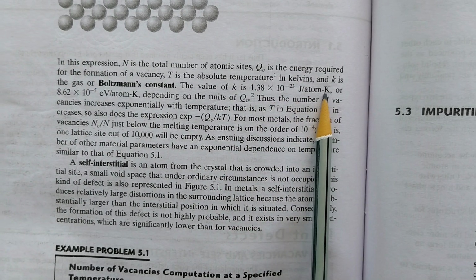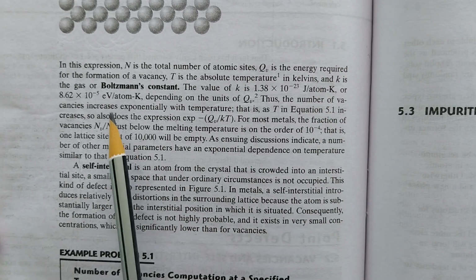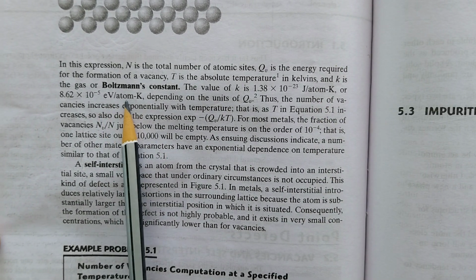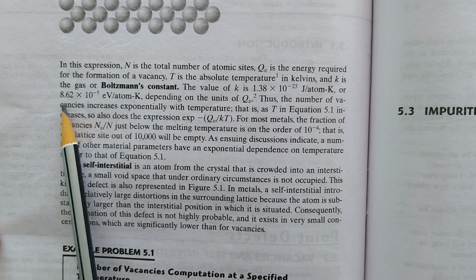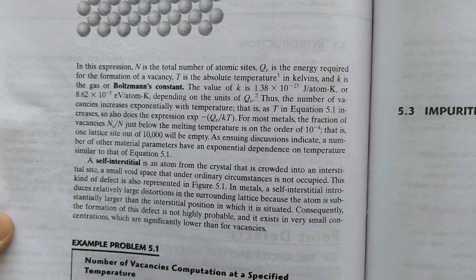Since in our numerical the energy is given in electron volt per atom, we are going to use 8.62 into 10 raised to minus 5 as the value of the constant. So let's solve this numerical.